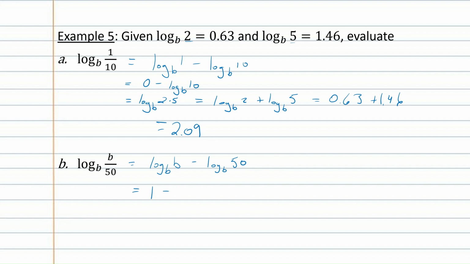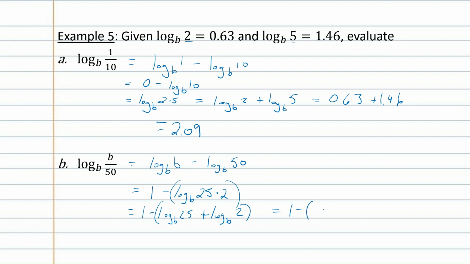Well, what if I broke the log base b of 50 into 25 times 2? That would allow me to break this up into the log base b of 25 plus the log base b of 2. And 25 is just, and you're going to want to keep this in parentheses.